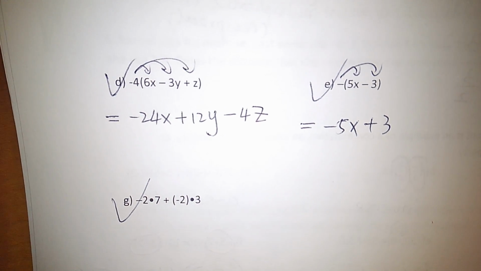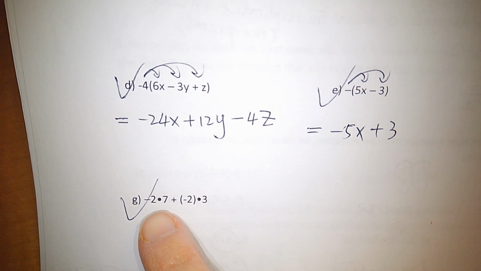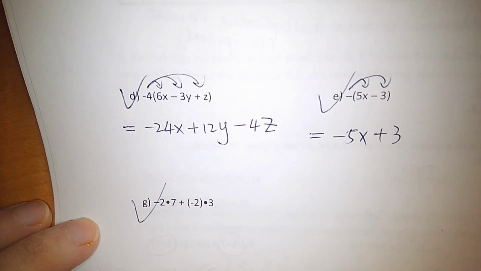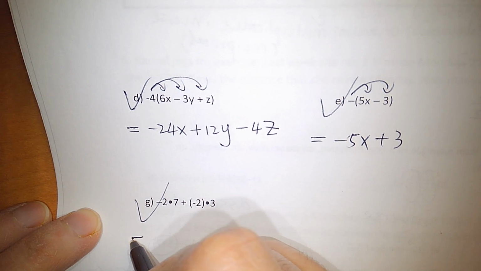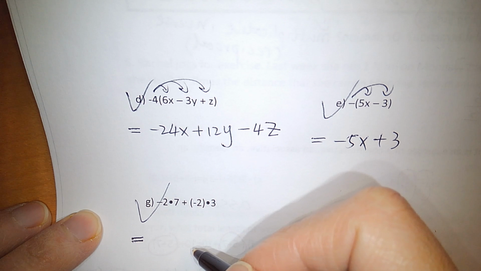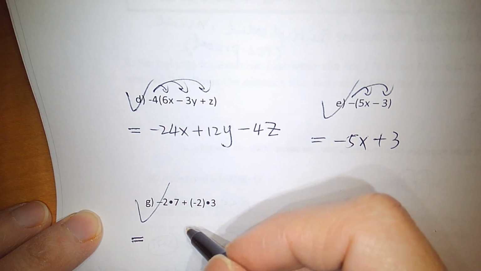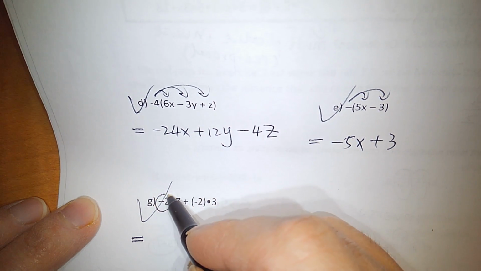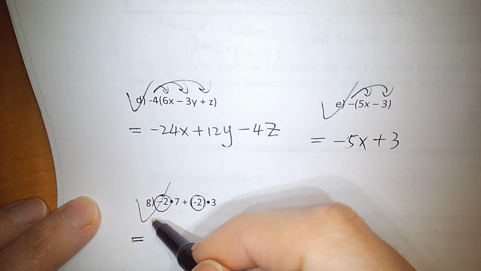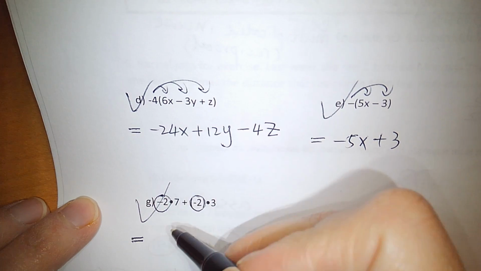The last question: -2 times 7 plus -2 times 3. Now using distributive property, -2 is the common factor, right?